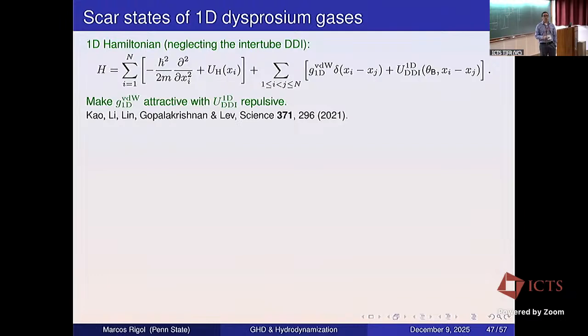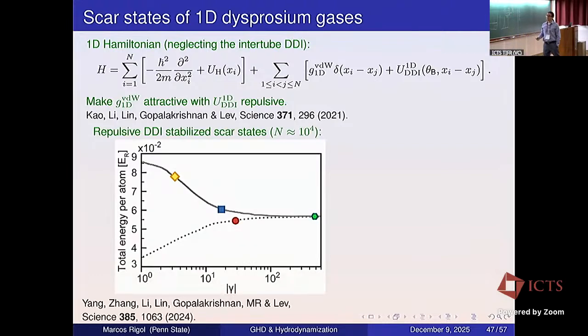Now, the attractive gas is not thermodynamically stable, right? So what they can do is create a Tonks-Girardeau gas at a very high gamma and quickly go to the attractive side and create a highly excited, stable state of attractive bosons. Okay, so that's what they did.